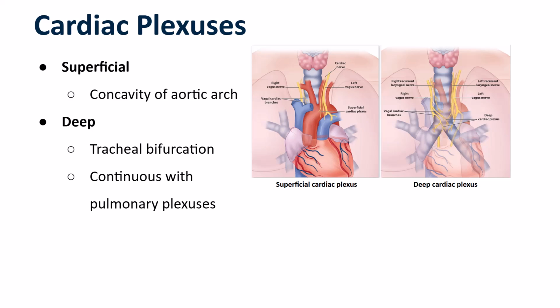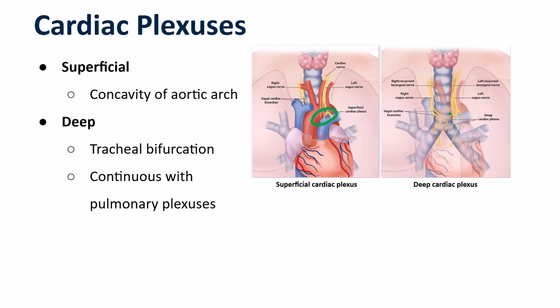Now let's discuss the cardiac plexuses. So all of those fibers are organized about the regions of the heart. There are two of these. There's a superficial cardiac plexus, which nestles in the concavity of the arch of the aorta.